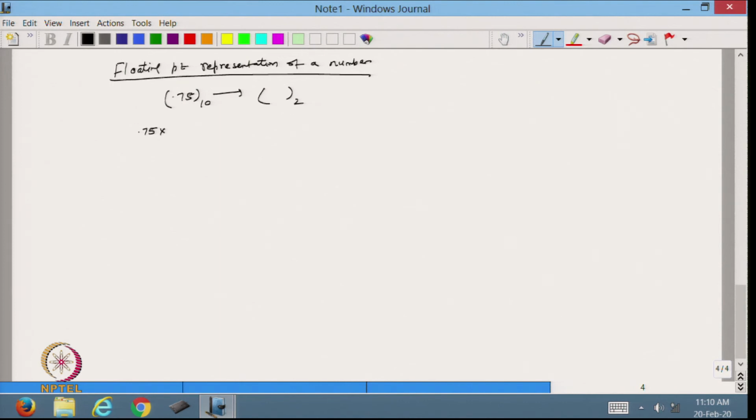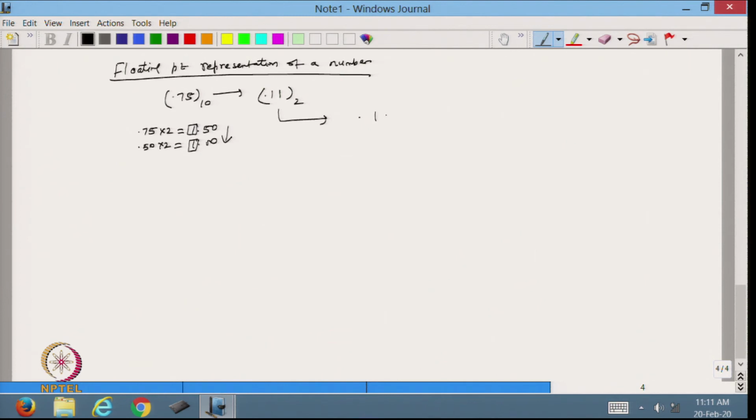So what I will do is multiply this by 2. It gives me 1.50. I keep the fractional part, and again I write 0.50 into 2, and now it gives 1.00. So the fractional part is 0 now. By this way we can calculate, and it gives me 0.11. So 0.11 gives me the binary form for the decimal 0.75, and how can I verify?